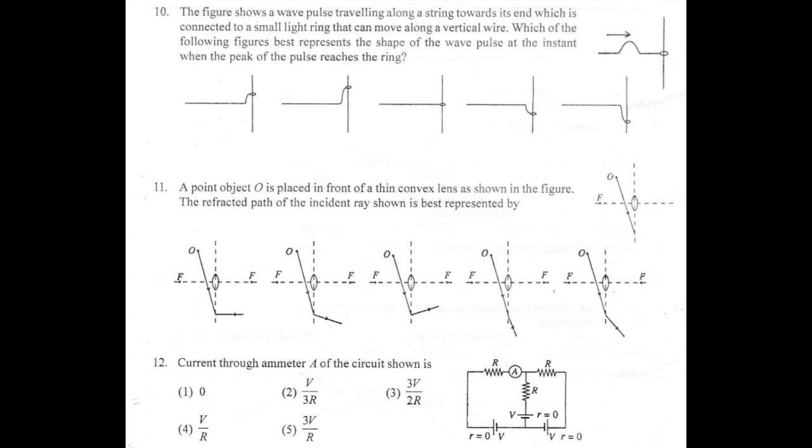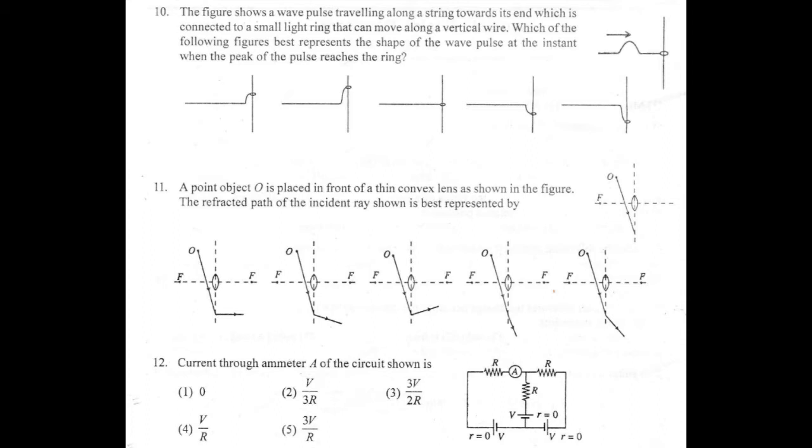Now the pulse is moving towards the free end. The light ring can be considered as a free end. It is not a fixed end, it is a free end. So at the free end, pulse reflects without inverting. So it reflects without any phase difference.